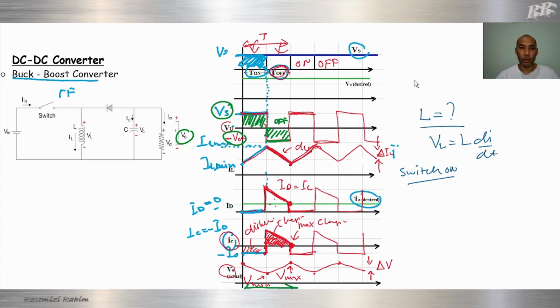We know that during switch on, VL equal to Vs. Di equal to delta IL, and dt equal to T on.